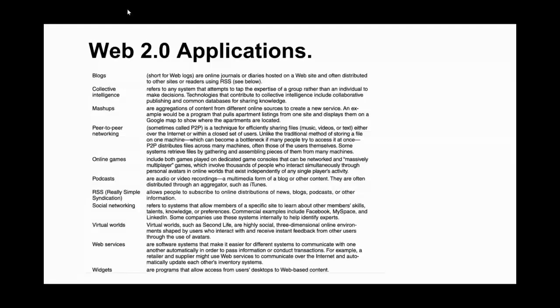We got blogs, collective intelligence, mashups, peer-to-peer networking, online games. I'm sure those of you who have played games online can also record those games and stuff. You've got podcasts, social networking, virtual worlds, web services, widgets. So the list is endless.